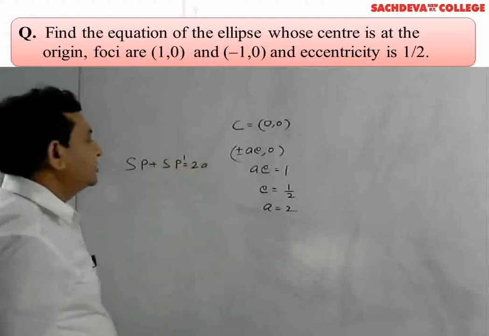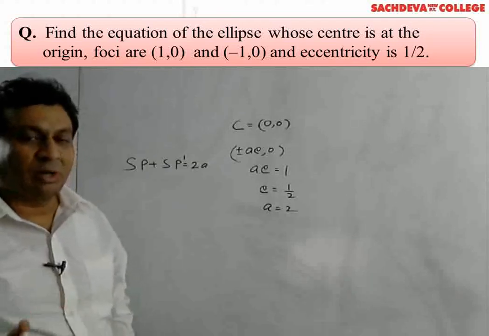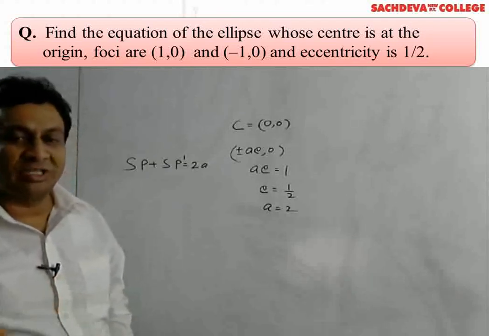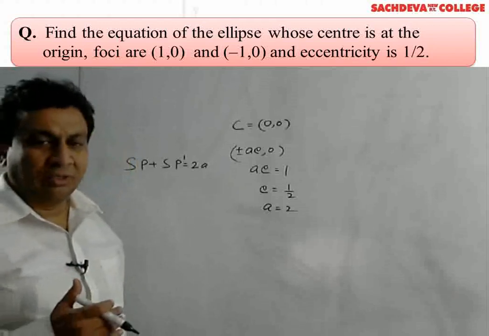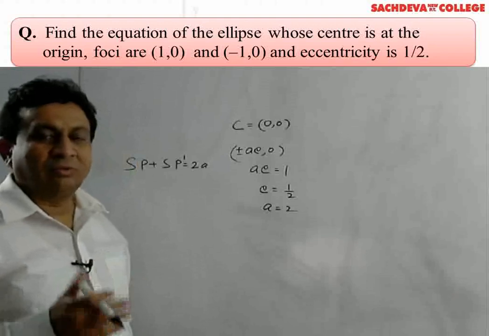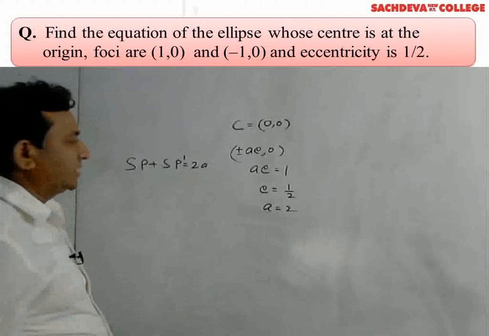This is the definition of ellipse: locus of a point whose sum of the distances from two fixed points is constant. It means SP plus SP dash is equal to 2a.